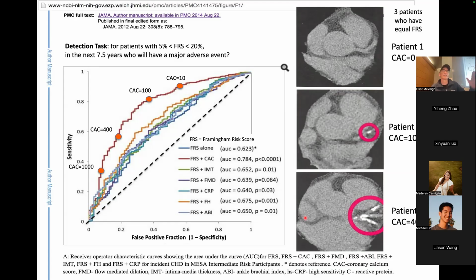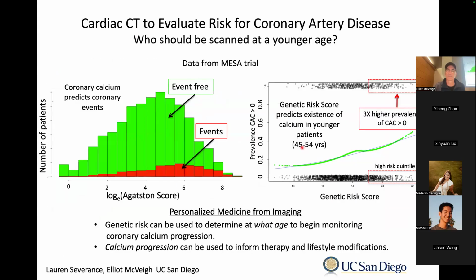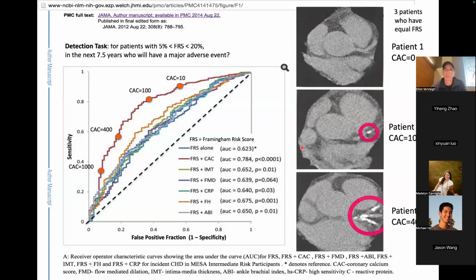So basically, you'd like to know, what's my risk here? Should I be on a drug? Should I really go aggressively against this? That initial curve was done in everybody.